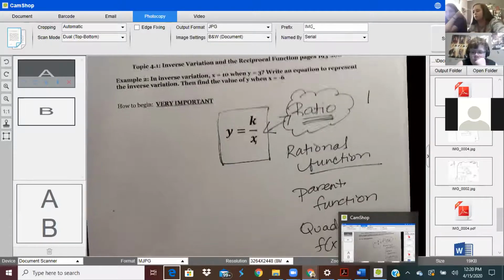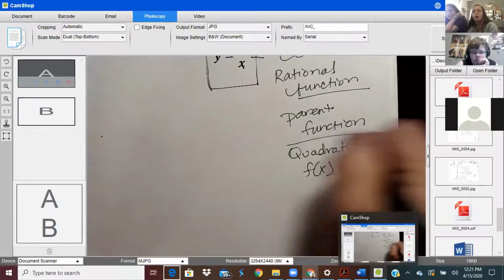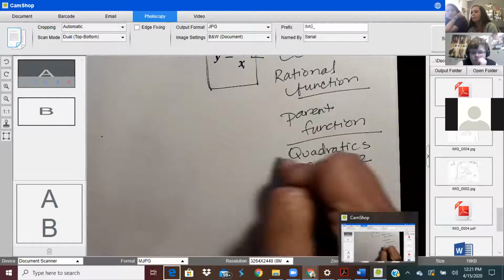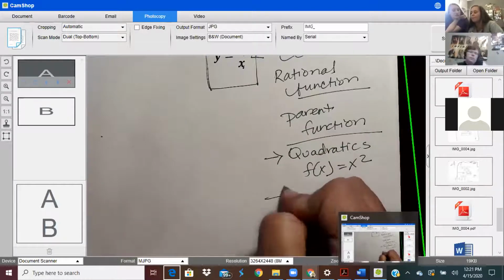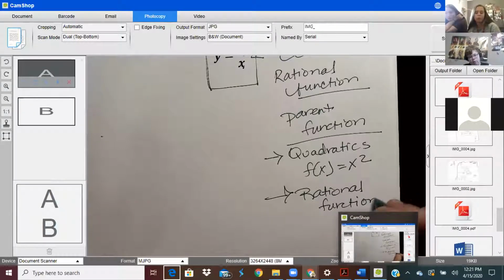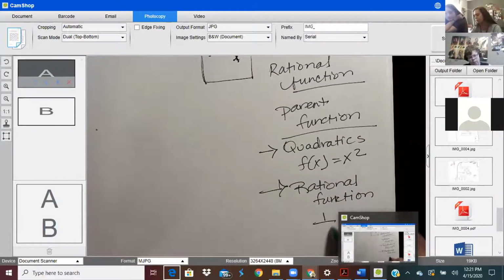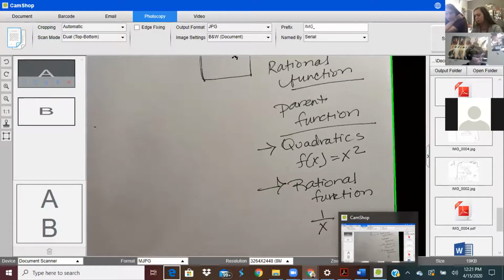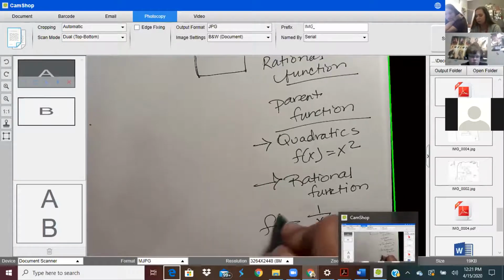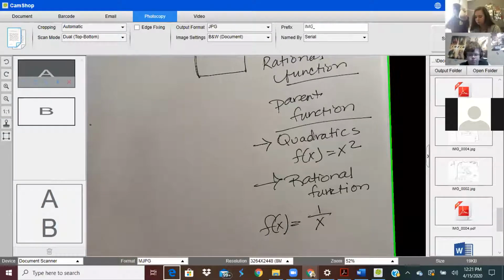It's the most simple form of a parent function. So that's for quadratics. But now we're looking at rational functions. And so the parent function for a rational function is simply 1 over x. That's the most simple function of a rational function.